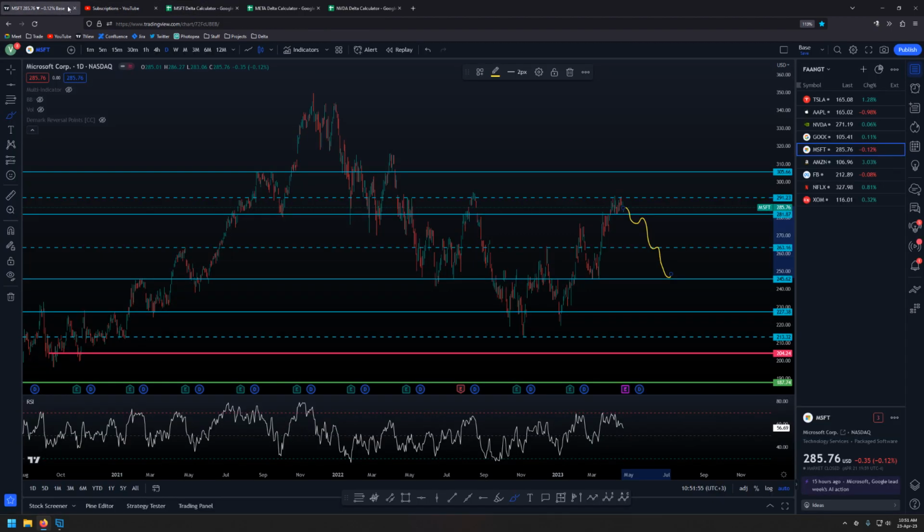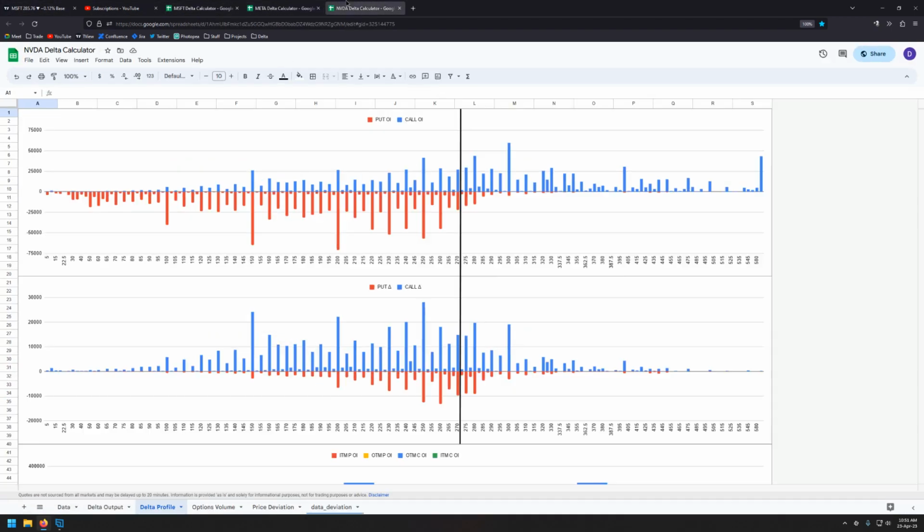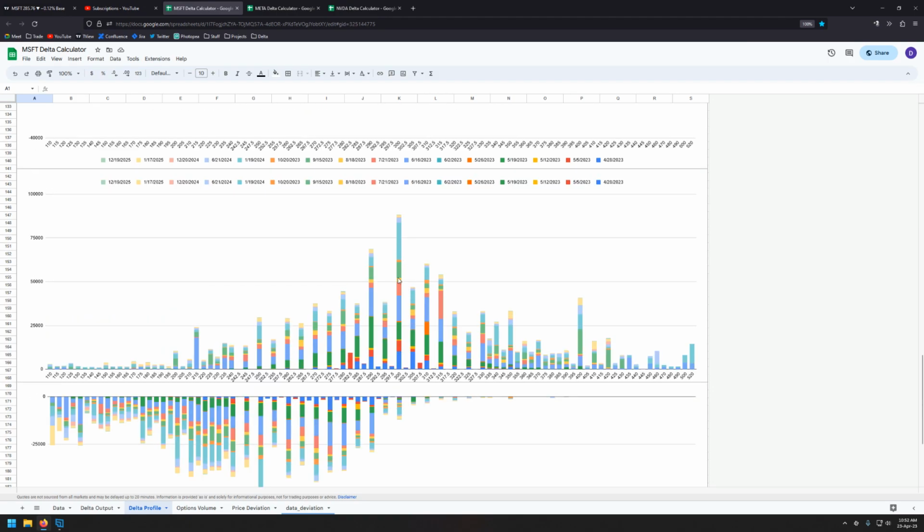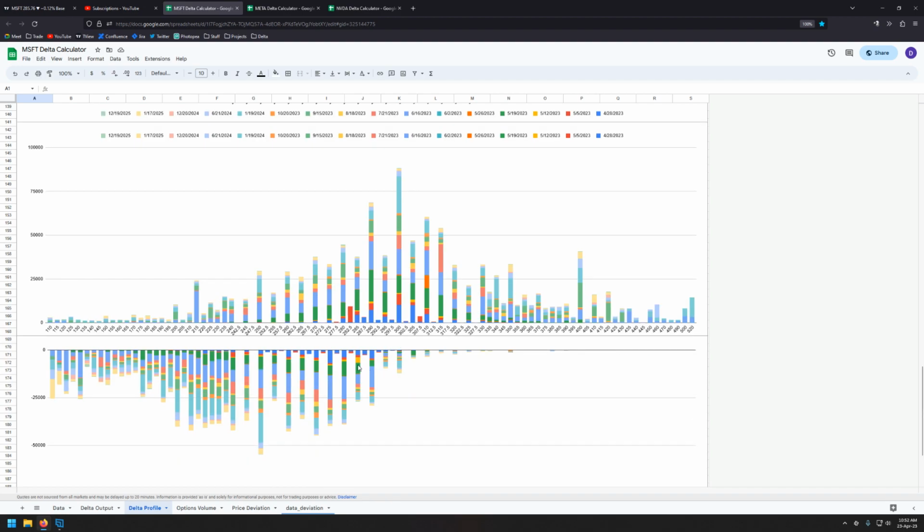So for Microsoft, 300 is the potential top based on the delta profile, the maximum we can get to. It's unlikely because it's running on one leg, but it's doable. And then when we go back, this seems like the level to see. So 270 from my point of view.